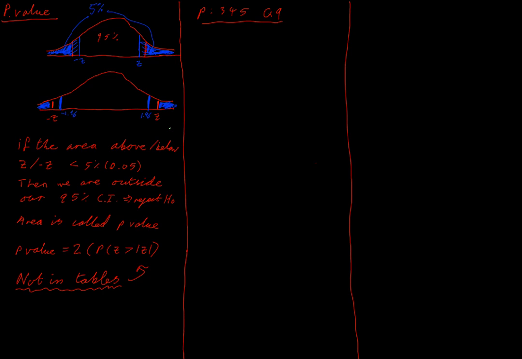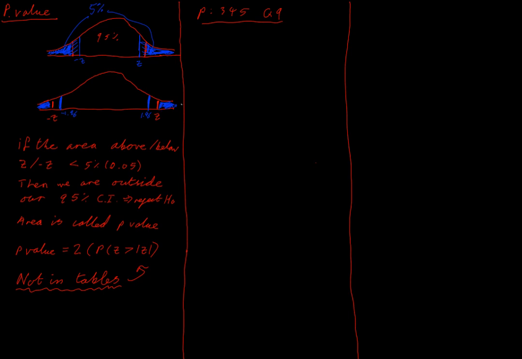We're going to do a question to make this more concrete, but that's the general introduction. So if the area above and below plus z and minus z is less than 5%, or 0.05 as a decimal, we are outside of the 95% confidence interval, and we would reject our null hypothesis. We'd reject H0 as we usually would if we were outside of our 95% confidence interval.